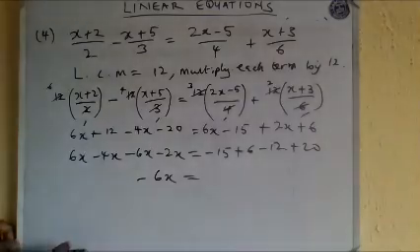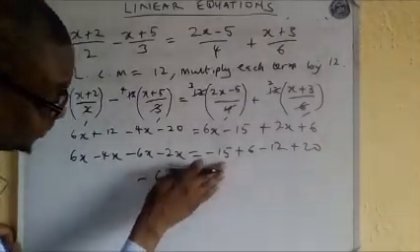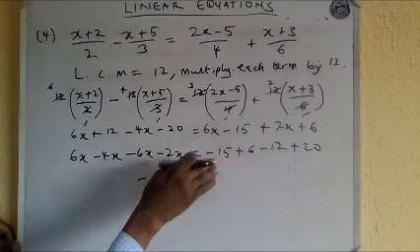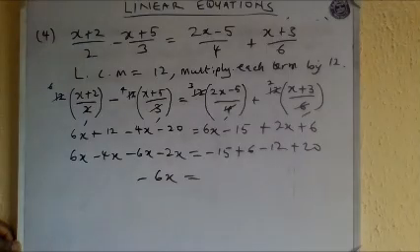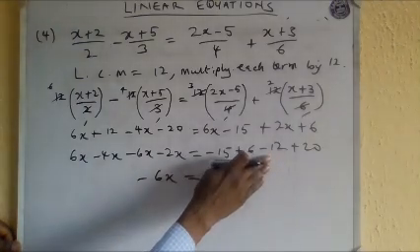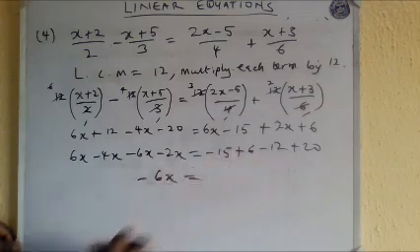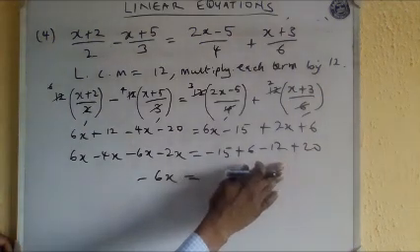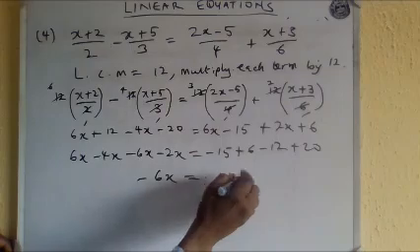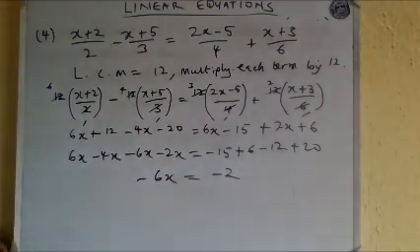To the right-hand side, minus 15. Minus 15 plus 6 becomes minus 9. Minus 9 minus 12 becomes minus 22. Minus 22 plus 20 becomes minus 2.